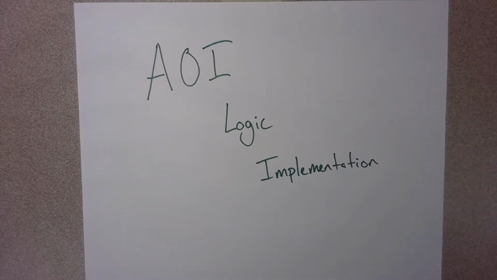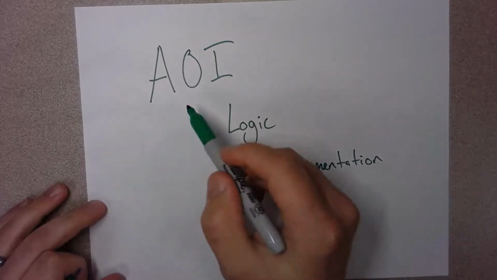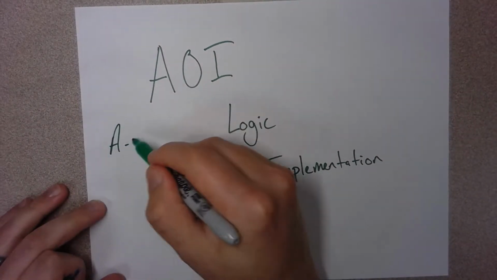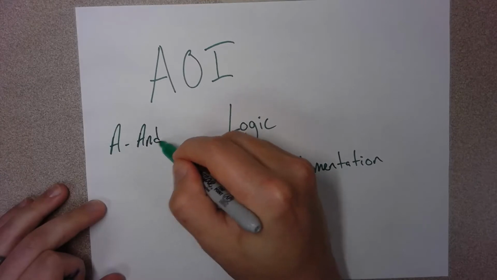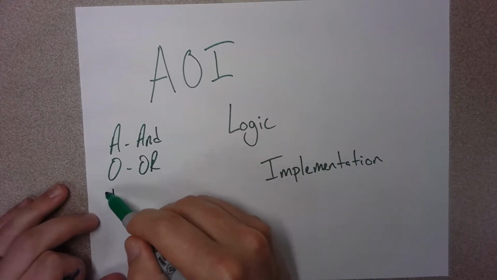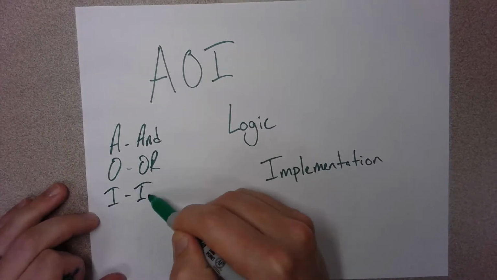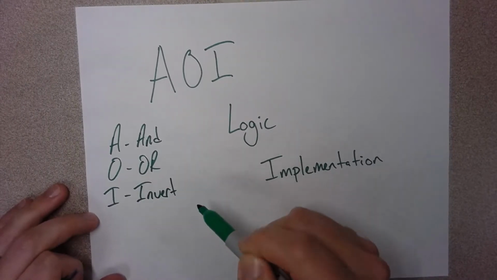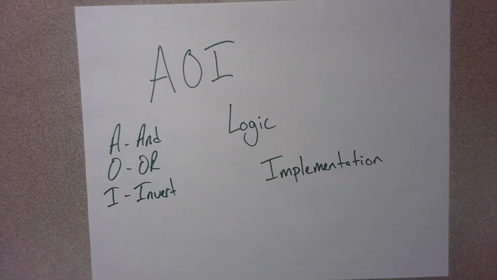Today we're going to look at, if we have the logic expression, how do we get the circuit back out from that. Just a quick reminder, your A stands for AND gates, your O stands for OR gates, and your I stands for inverter gates.